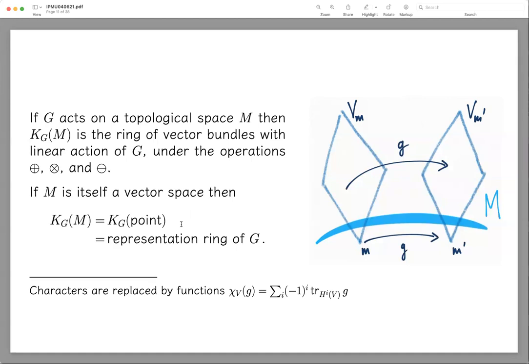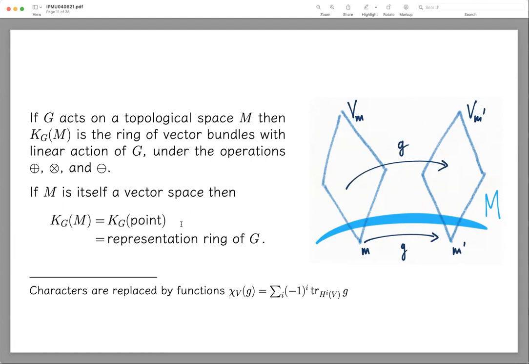But what you do is that you take the alternating sum of traces of an element on all cohomology of your vector bundle. That's kind of the appropriate thing. And for instance, if the topological space itself is a point, then we're back to the previous definition, namely you get the representation ring of G.